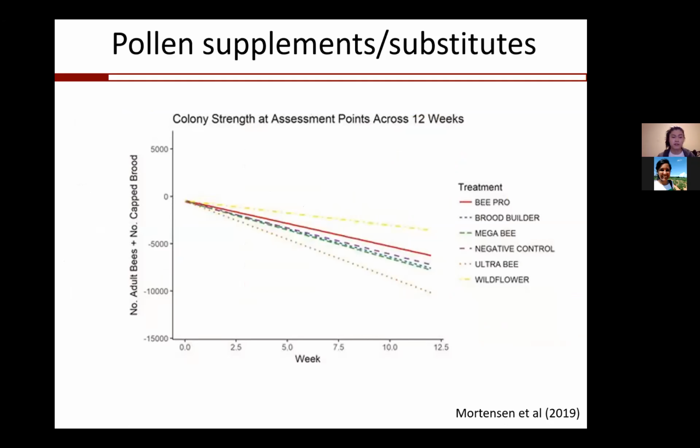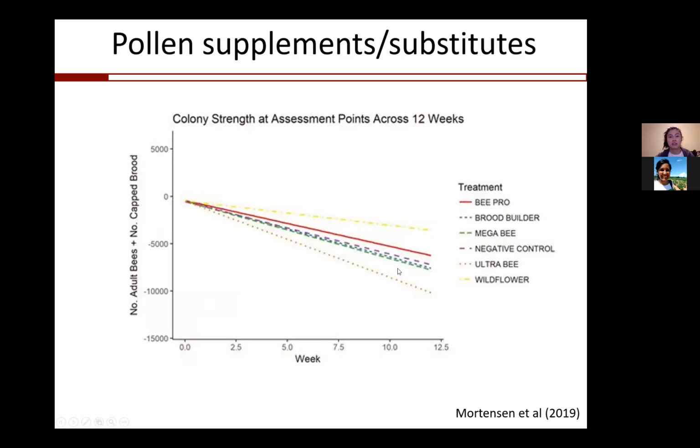All of these other lines are different types of pollen substitutes that you can purchase and feed your bees. You can see there really isn't a significant difference between the negative control and whenever beekeepers give these commercially available pollen substitutes. Sometimes they even perform worse compared to not giving them anything. Whereas with natural pollen, wildflower, those bees perform best over time. So that tells me there's something wrong and mismatched with these diets.